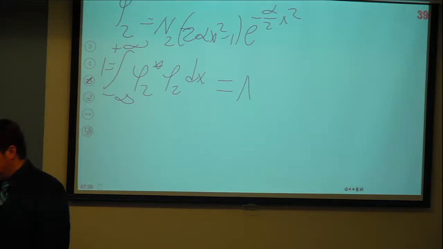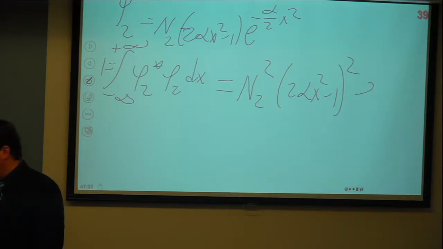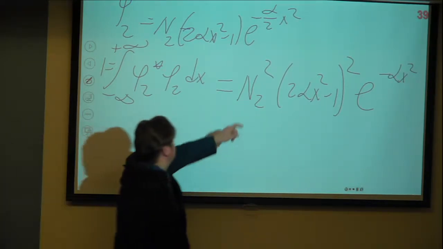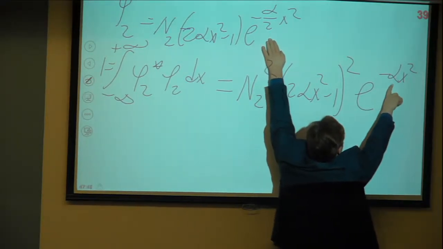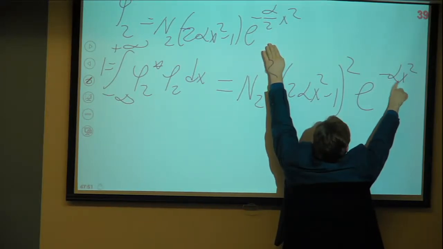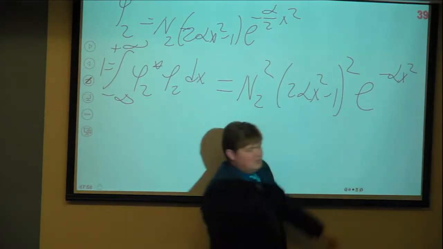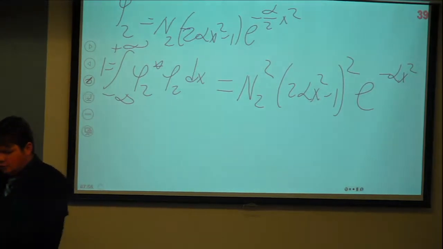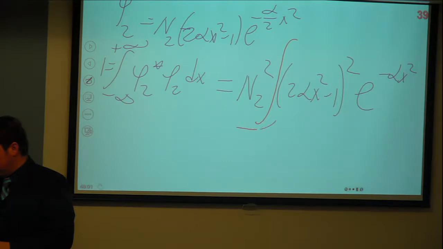So it will be n2 squared times the integral of 2 alpha x squared minus 1 squared e to the power minus alpha x squared. By taking the exponent square, we just multiply the power by 2, so removing this 1 over 2 factor. And then all this expression needs to be integrated, right?